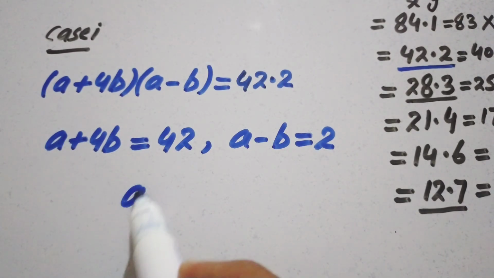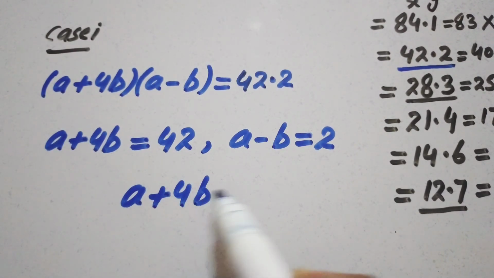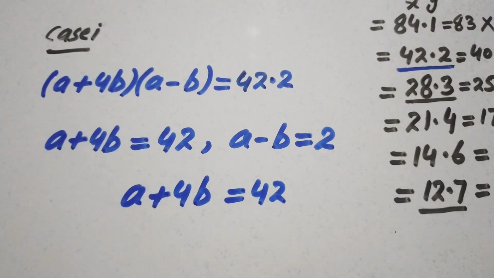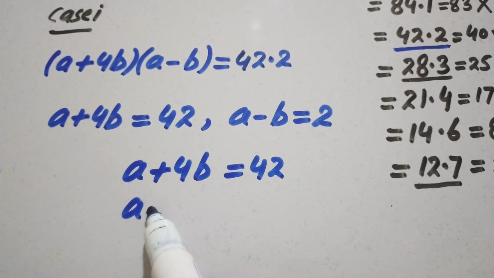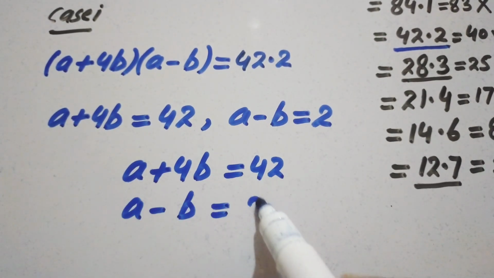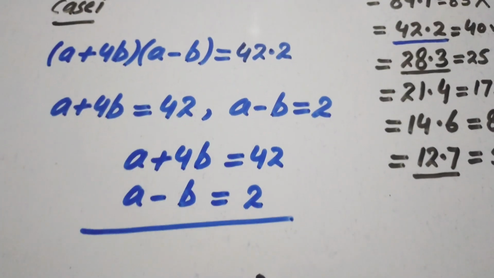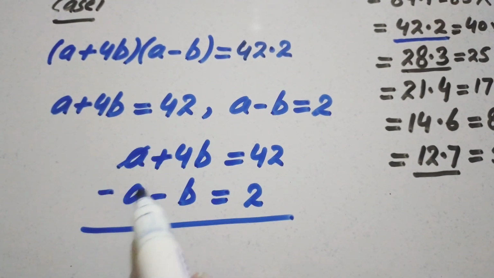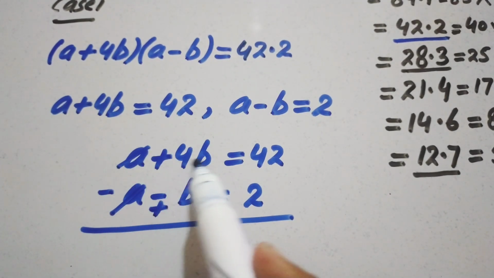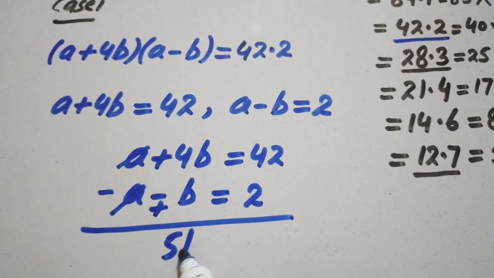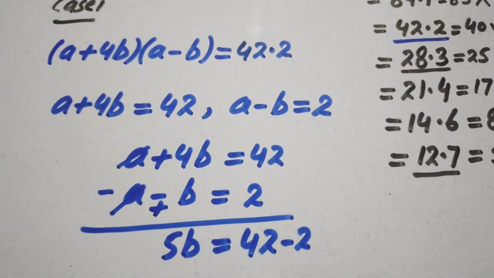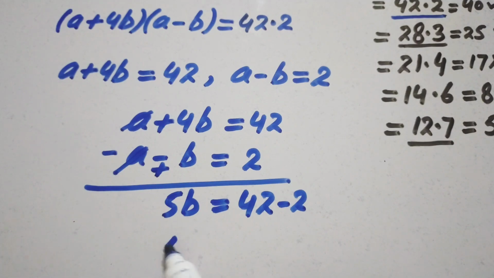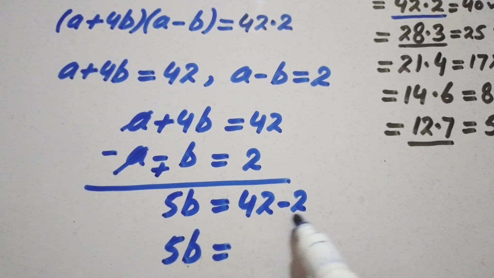Subtracting, this a cancels with this a, and 4b plus b is 5b, equal to 42 minus 2. So 5b is equal to 42 minus 2, which gives us 40.